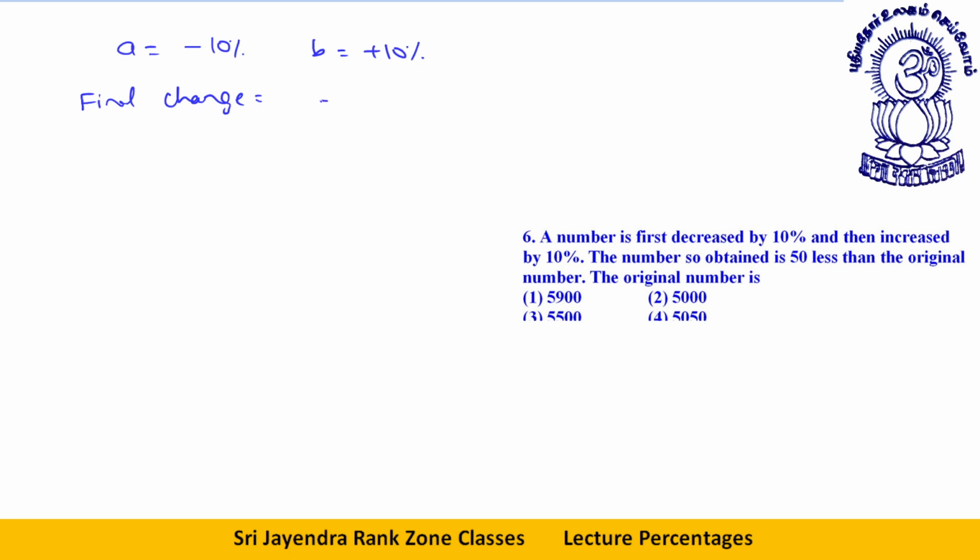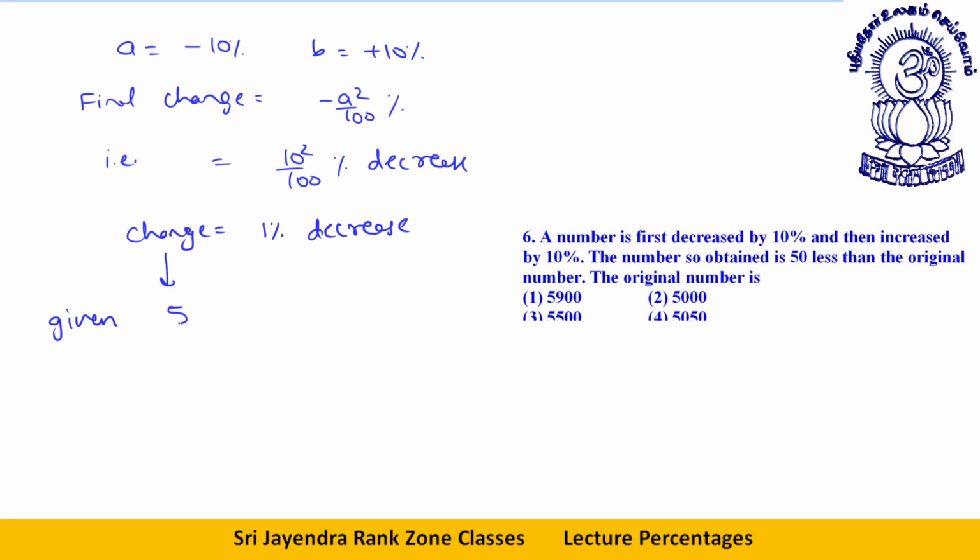In such a case, it is minus A square by 100%, that is 10 square by 100. This minus I replace as decrease. So, I can say 1% decrease.